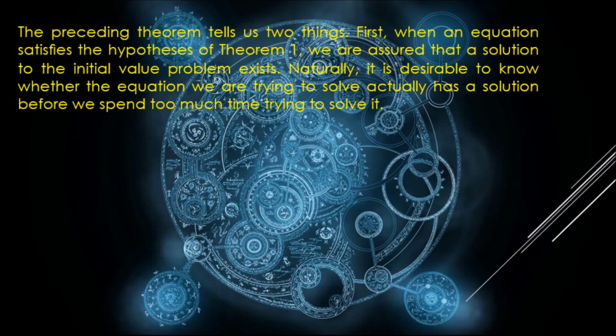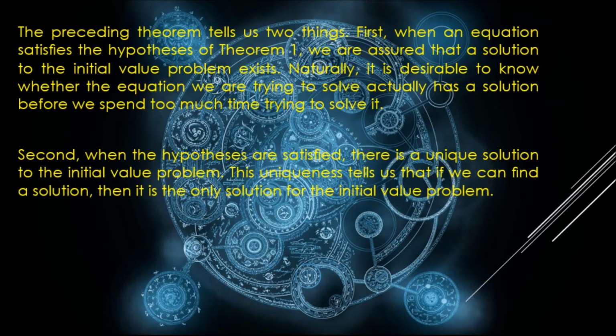Naturally, it is desirable to know whether the equation we are trying to solve actually has a solution before we spend too much time trying to solve it. Second, when the hypotheses are satisfied, there is a unique solution to the initial value problem.